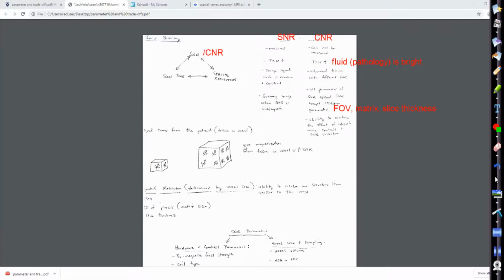If we get more magnetization from those tissues, we're going to get more signal. So as our signal increases with this larger voxel, what happens to our resolution? Decreases. So that's where that trade-off comes from, right? If our signal increases, usually our resolution goes down as a counterbalance.